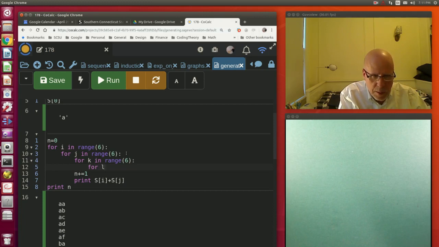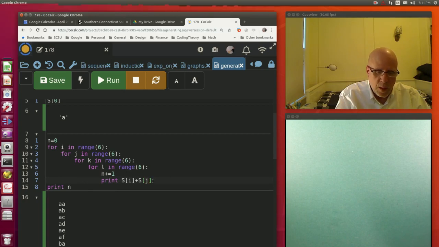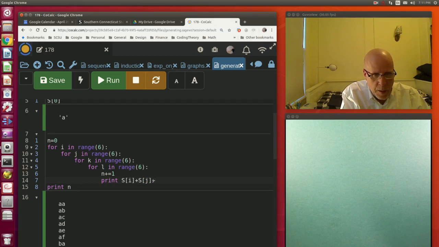L is a dangerous variable to use really in coding, because somebody who's casually looking at your code can easily mistake the l for a 1. But I'm going to be a jerk and use it here anyway. And we got to put those guys inside the loop, or we won't really be getting what we want. And I want to tack on the new letters that the inner loops get us. S sub k and S sub l.